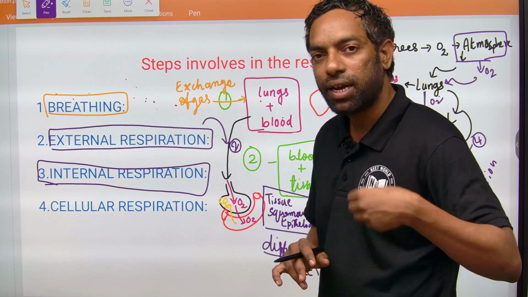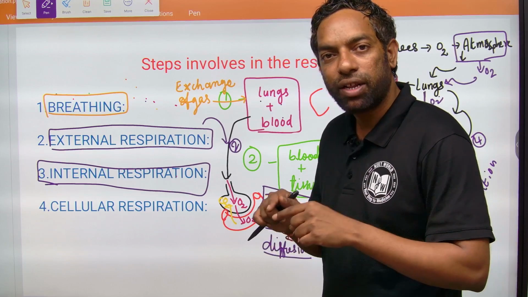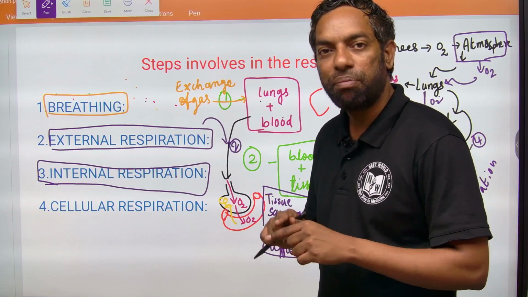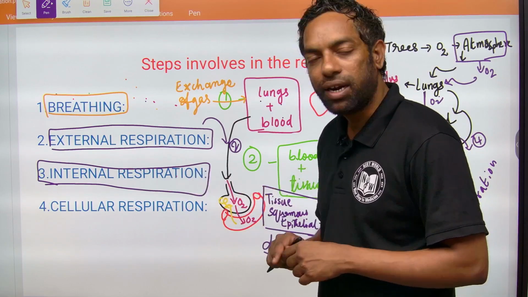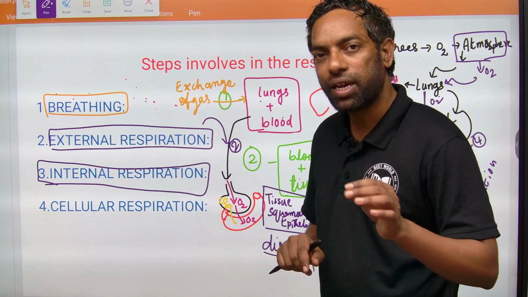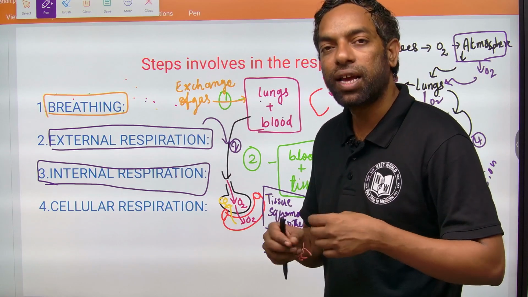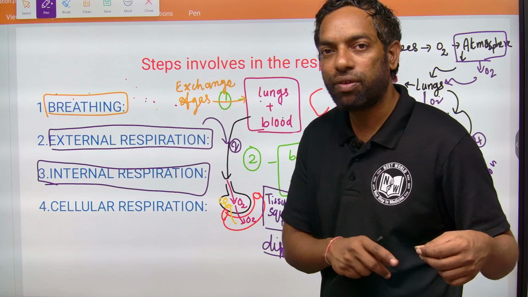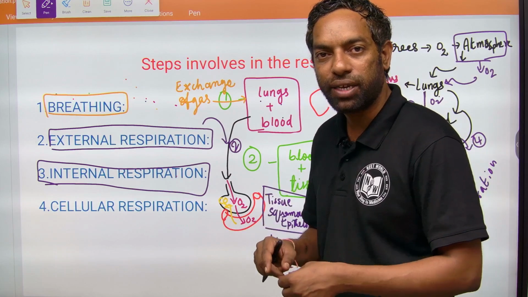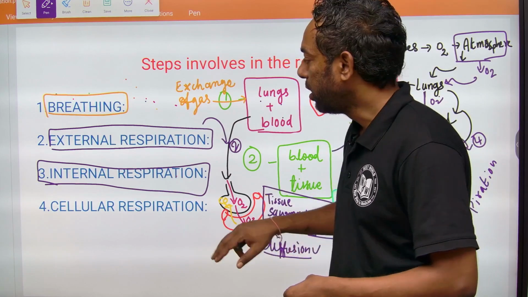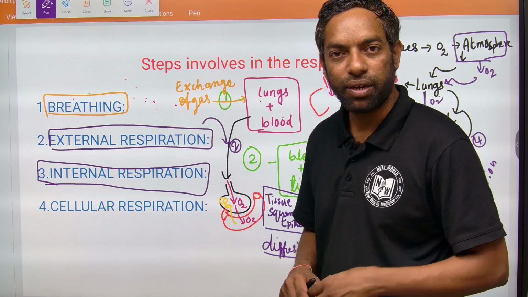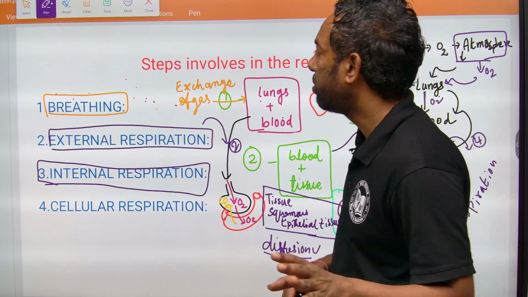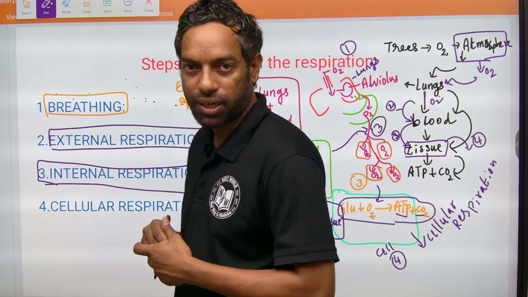Once it reaches the blood, it is delivered to the tissue, right? Between the blood and tissue we call it internal respiration. After reaching the tissue, the tissue utilizes the oxygen to break down the food particle to release energy, ATP, and carbon dioxide. This is cellular respiration. These are the 4 steps involved in respiration.